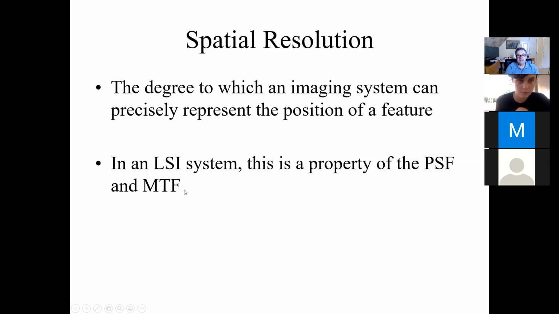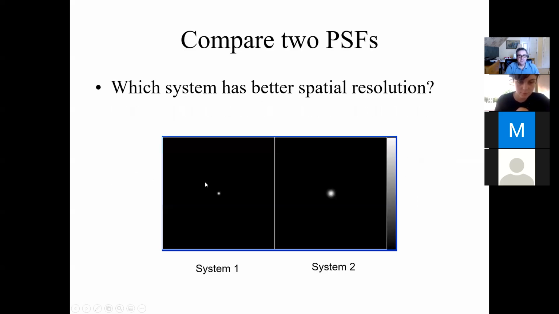They're related. They express the same thing in different ways. And if we have a linear shift invariant system, the measures of spatial resolution are going to be based on these things. And it's going to turn out that even if we don't have a linear shift invariant system, we use modifications or things closely related to those to express it.